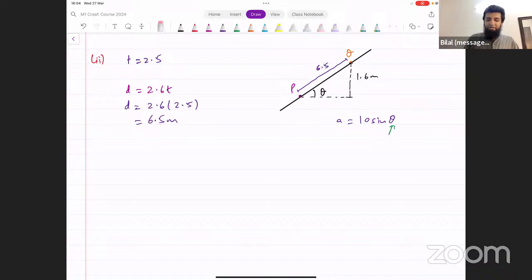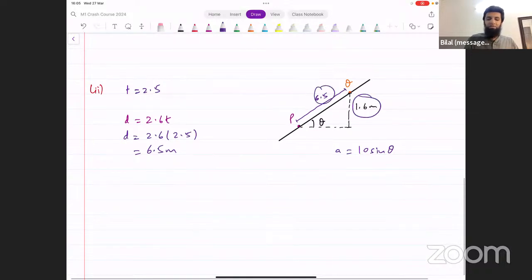So for that, we said we could use trigonometry. If we could somehow find this length, we found this length because from the first part, we knew that the distance between the two particles was given by 2.6 times t. We input the value of t, 2.5, in this equation, and that gave us that the distance between the two particles should be 6.5. So that means this hypotenuse is 6.5.